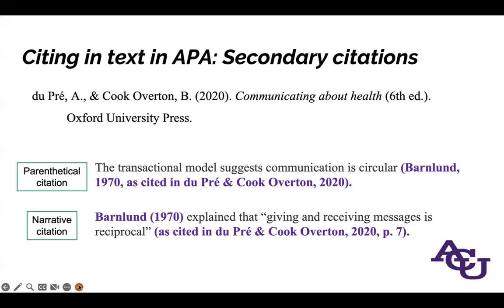Keep in mind that since I read Dupre and Cook-Overton, I'm going to use the page number for the Dupre and Cook-Overton source, page 7. On your references page, you're also going to use the reference for Dupre and Cook-Overton because that's the source that you actually read. A reference for Barnland or the original source would not need to go on the references page.